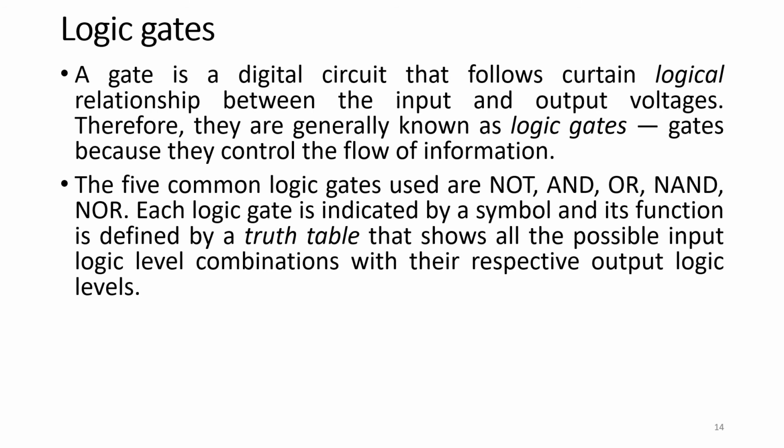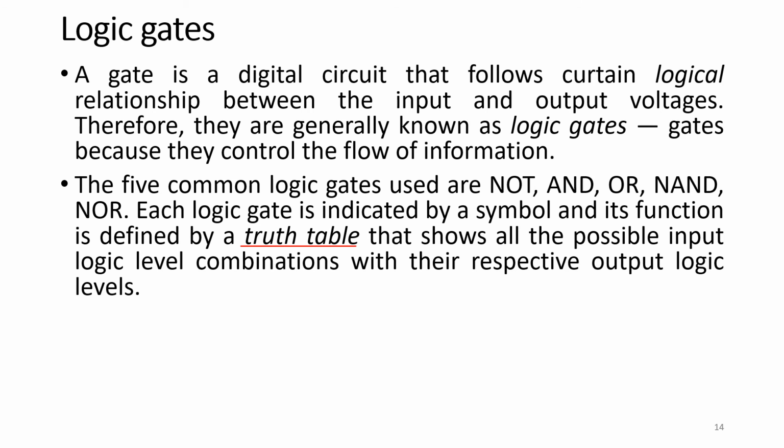Each logic gate is indicated by a symbol and its function is defined by a truth table. The table which defines the function of the gate is called a truth table. It shows all possible input logic level combinations with their respective output logic.